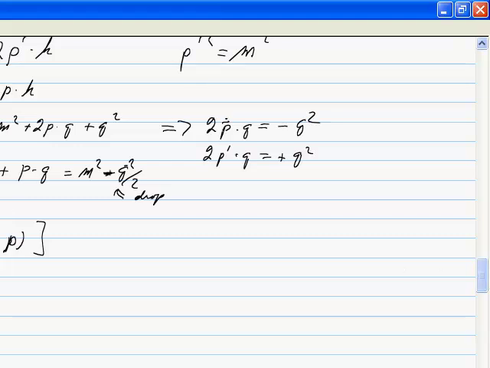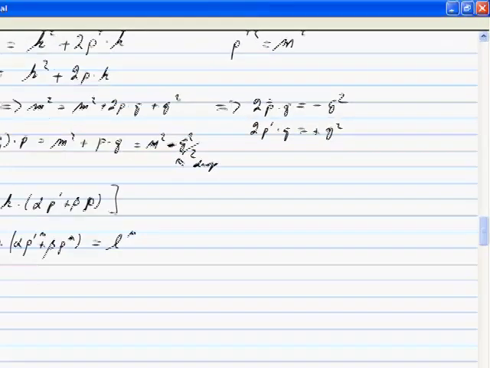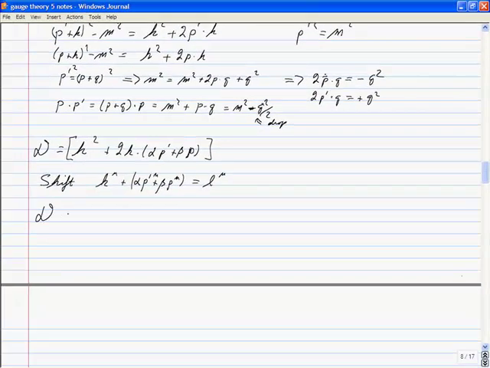Standard next trick is we shift. I take k plus alpha p prime plus beta p mu, call that L mu, then d becomes L squared.